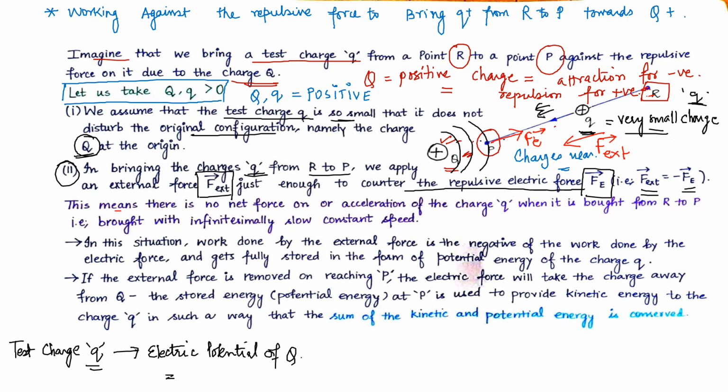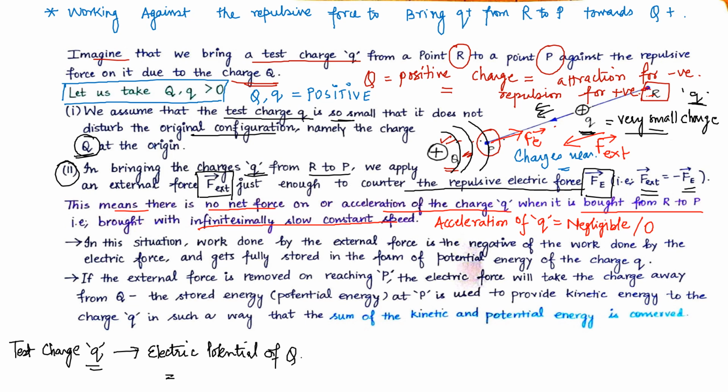This means there is no net force or acceleration on the charge Q when it is brought from R to P, that is, brought with infinitesimally slow constant speed. One more important concept is that the acceleration of charge small q is negligible, or we can say it is zero. Why?